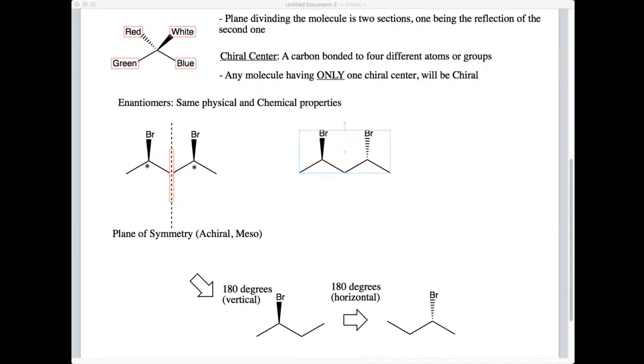Is that second molecule chiral? Okay, so how many chiral centers in this molecule? Can type it on the chat, please. Once again, how many chiral centers here? So you have 2 chiral centers.